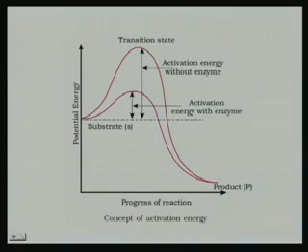And this is the transition state of substrate to product formation in the absence of enzyme. If we compare the transition state energy barrier without enzyme and with enzyme, the energy barrier without enzyme is very high compared to the presence of a catalyst for any product formation.